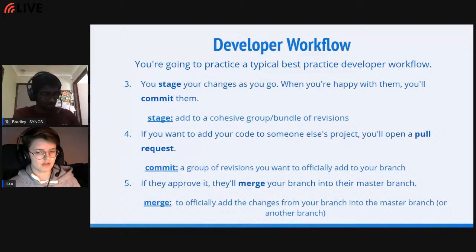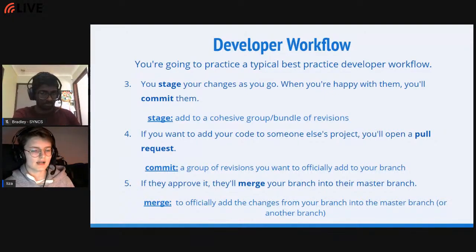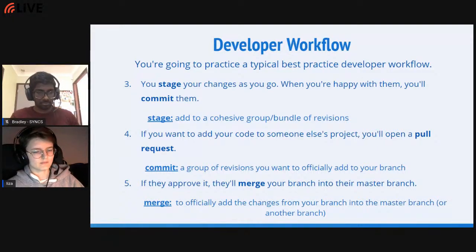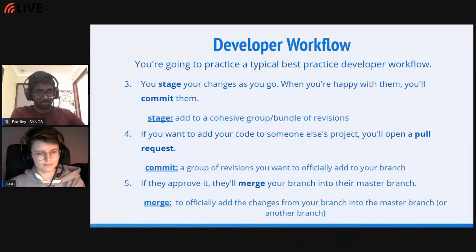Then if you're working on someone else's code, you can create a pull request, and if it's approved, then the changes are committed, and they go to the common repository, not just locally. Final changes. Here we go.